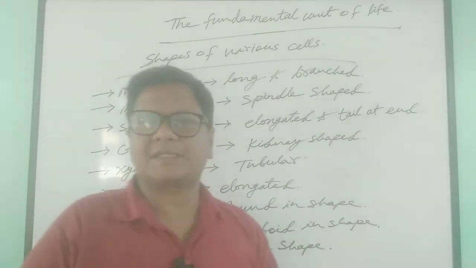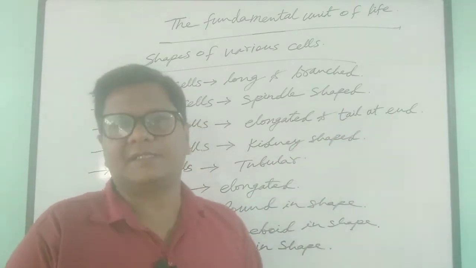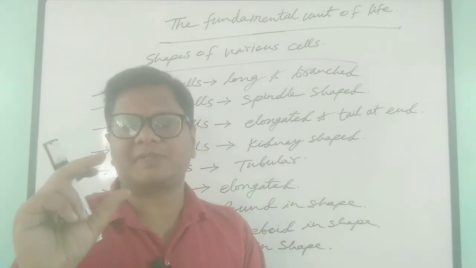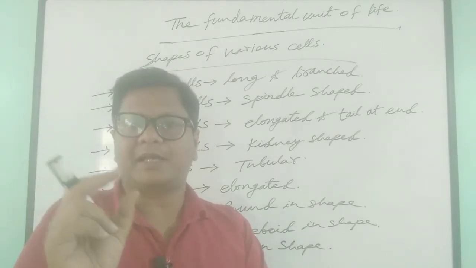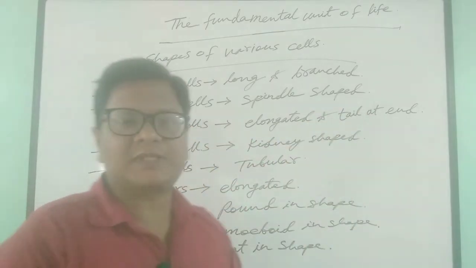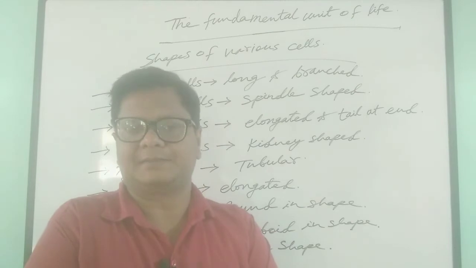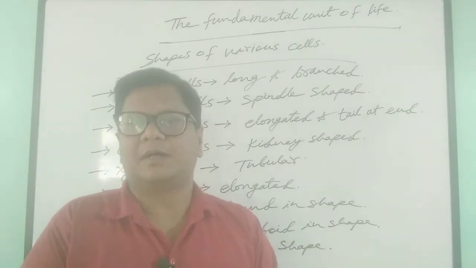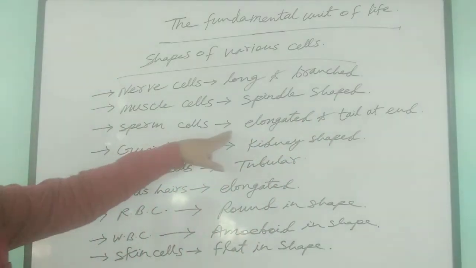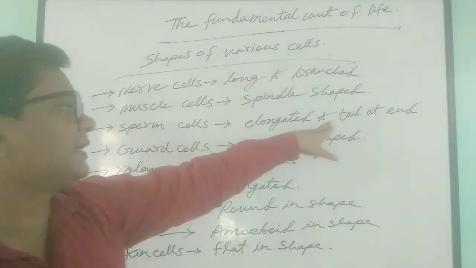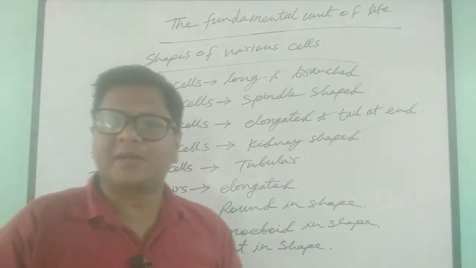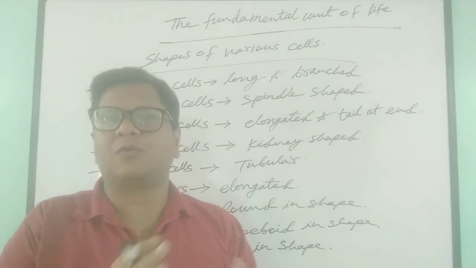Similarly, the muscle cells are spindle in shape. It means that the middle part of the cell is swollen with tapering ends, so that it provides flexibility and movement to our skeletal system. Similarly, the sperm cells are elongated with a tail at the end, so that they can move and fuse with the ova.